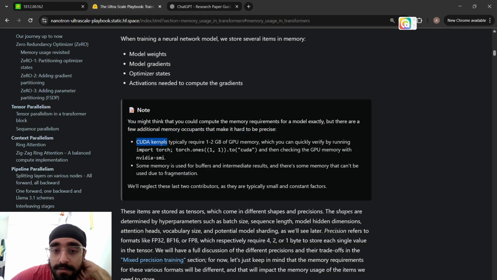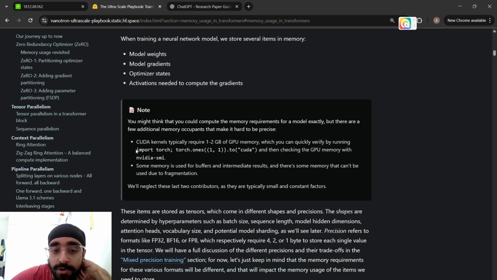CUDA kernels typically require this much. So they're saying that if you just do import torch and run nvidia-smi, you might find that there is no memory being occupied because CUDA is not initialized yet.